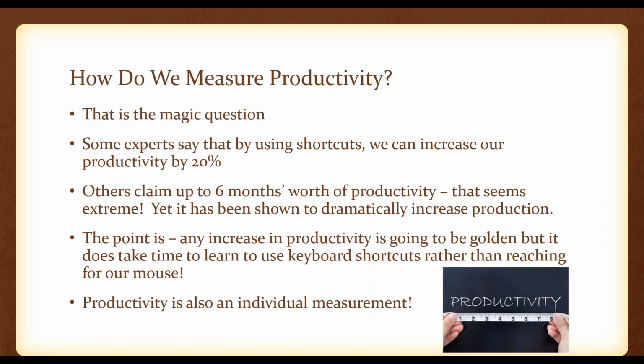What do I need to do that's going to make my life easier? What do I really want to speed up? And that's the whole thing. How do we measure productivity? It's different for all of us. Some of us are faster typists than others. Some of us are better researchers than others.